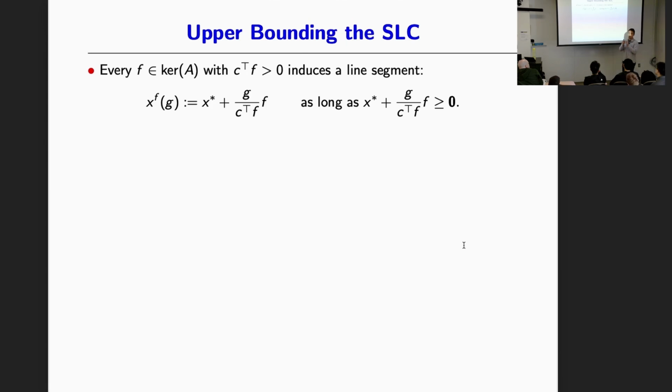It naturally induces a line segment. What is this line segment? You start from an optimal solution of your LP, x star, and then you move along this kernel direction until you hit the boundary of your polyhedron. Because it's in the kernel direction, Ax equals b is maintained, but you might be lowering some coordinates to 0.